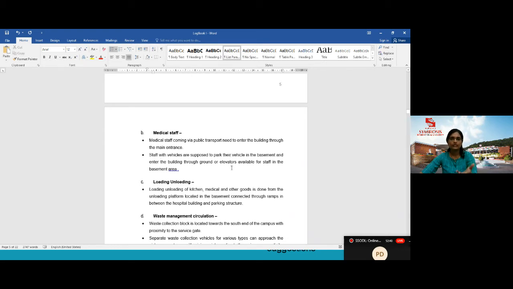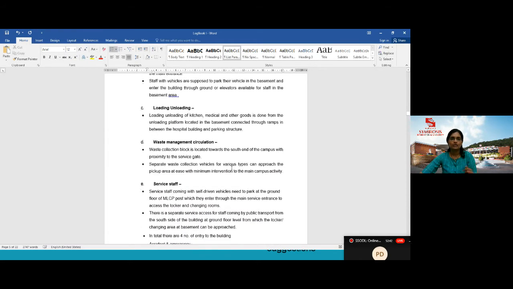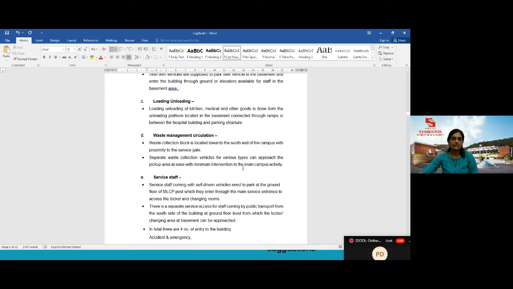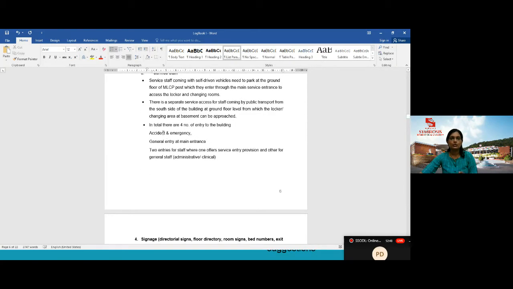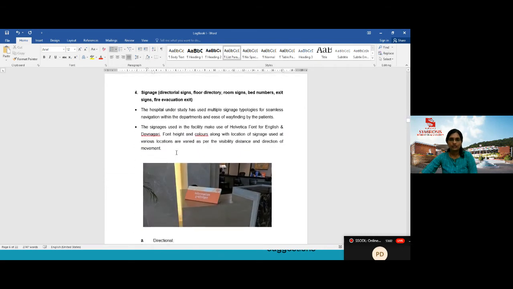What is the elevator arrangement for them? Loading and unloading, waste circulation. These points we have written, and in total we can summarize that there are 4 entries in the building: accident emergency, general entry, and 2 more entries. One is for service staff and one is for administrative and clinical staff. In this way, this has been written.